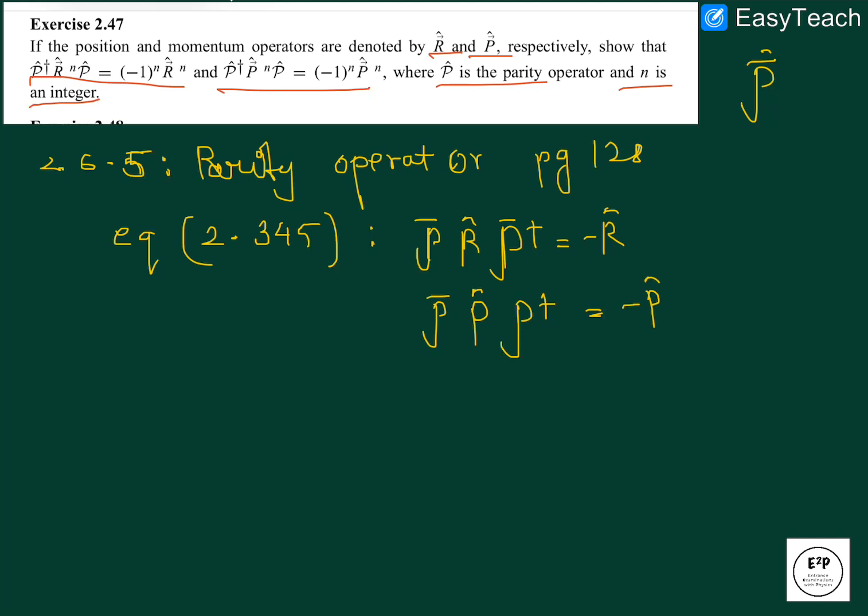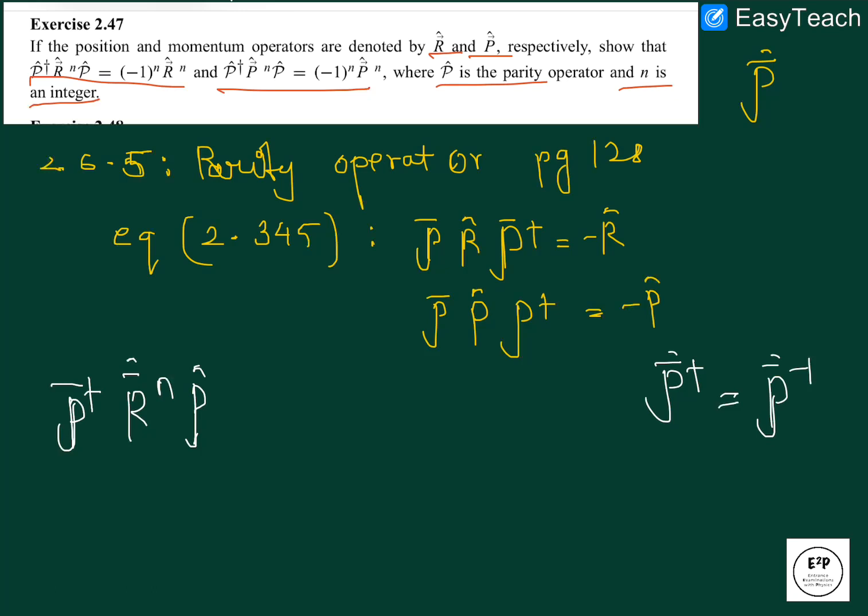We will first prove it for P dagger r cap P. One thing I would like to point out: the Hermitian conjugate of the parity operator, P dagger, is P inverse, so it is a unitary operator as well.